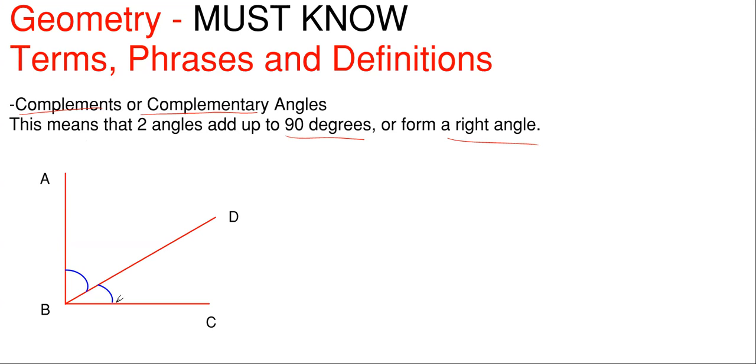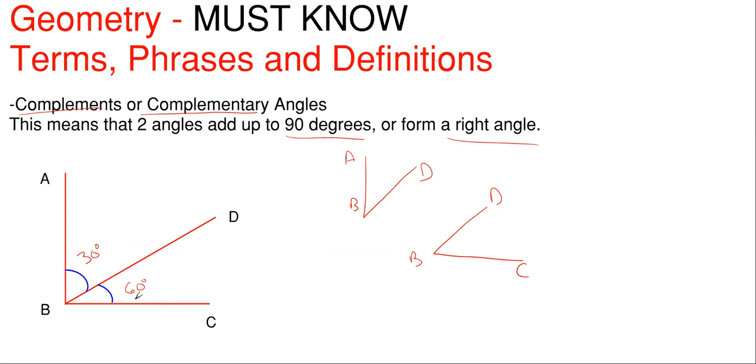So looking at this diagram right here, this is made up of two segments, where this was ABD, and this is DBC. So let's say that these two are smack together at point B, and let's say this angle for the first one was 30 degrees, and this one for the second one is 60 degrees.